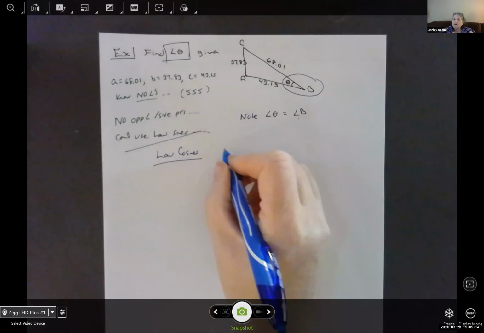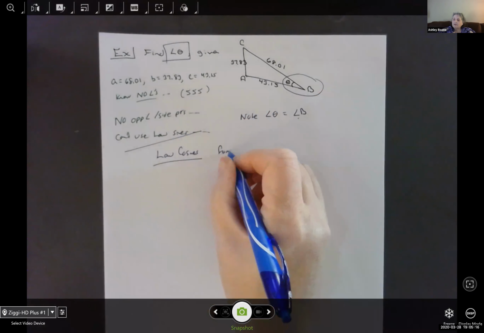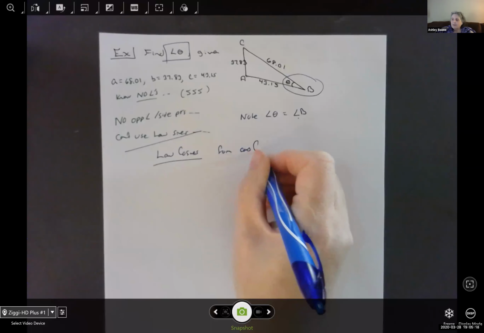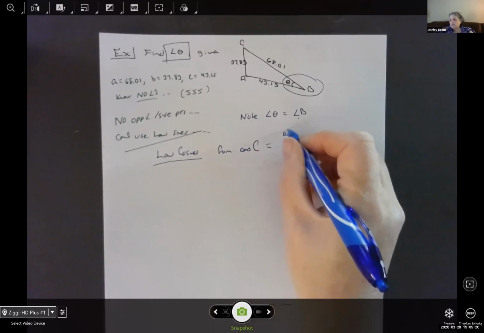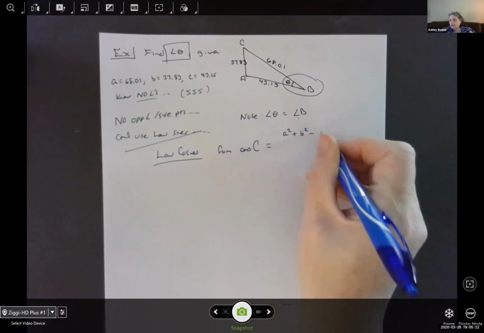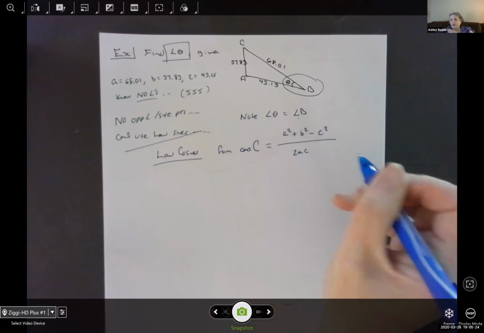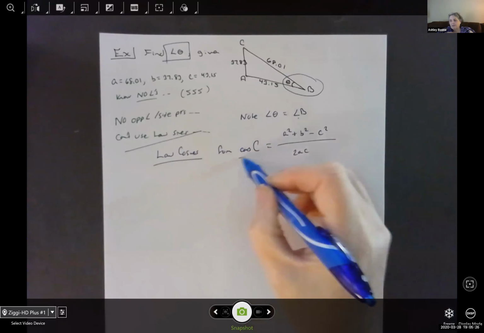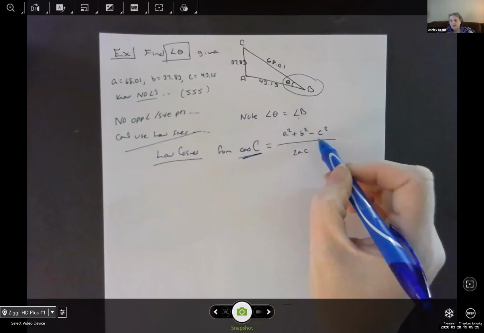The formula you were given just a second ago said the cosine of C is equal to a squared plus b squared minus c squared over 2ab, where this angle and this side correspond to each other.